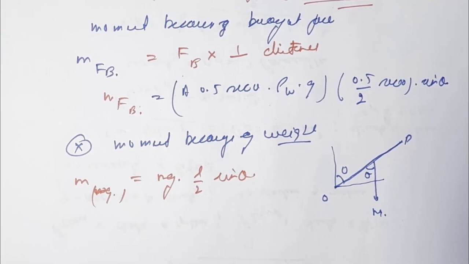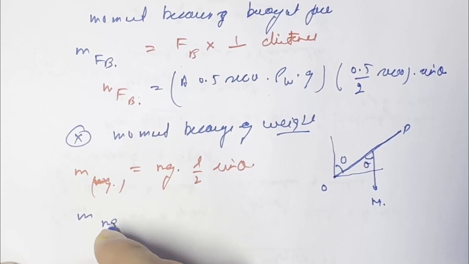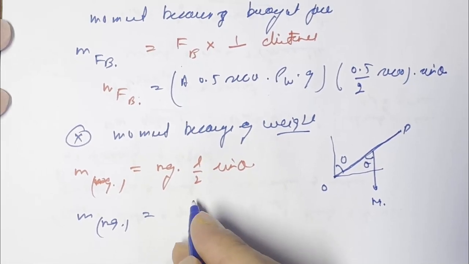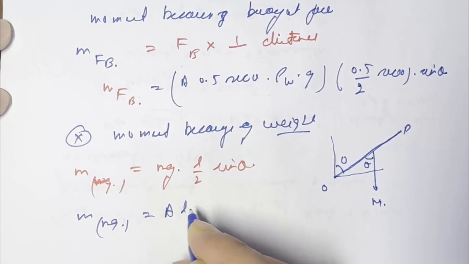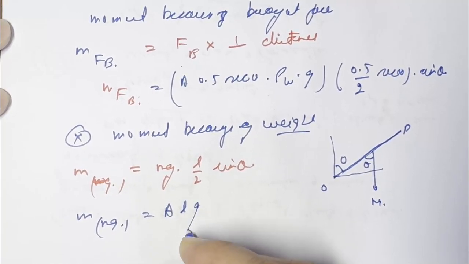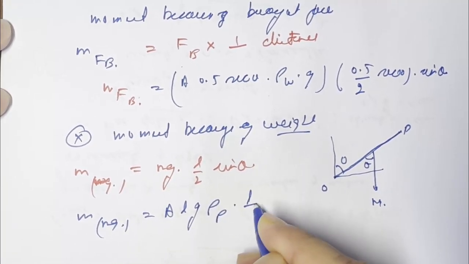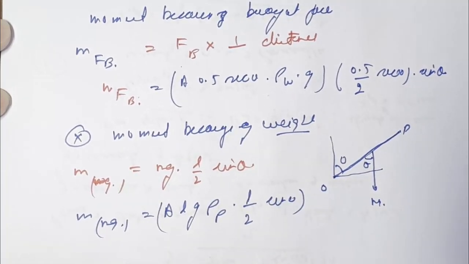And we substitute the value of mass, so we get moment because of this mg will be equal to A and length L, G, density of the plank, and we have L by 2 sine of theta.